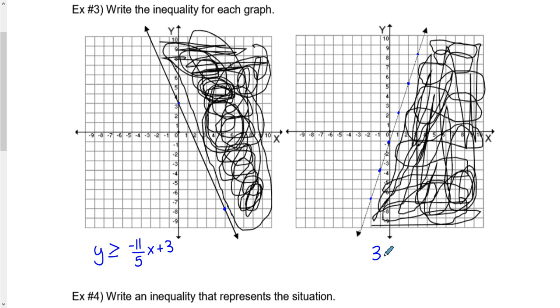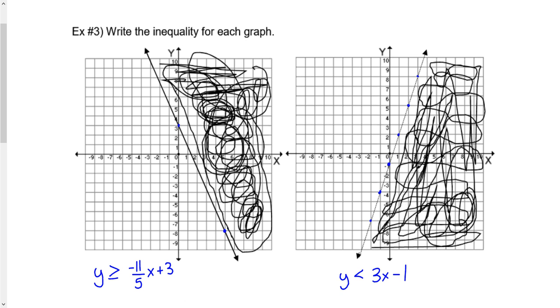So 3 over 1x, and our y-intercept will be -1. So it'd still be y. Now, this side of it would actually be less than that line. And this is actually all that we're going to be doing.